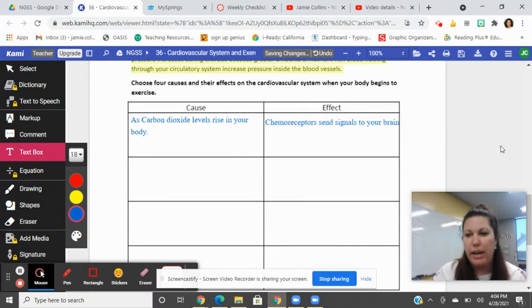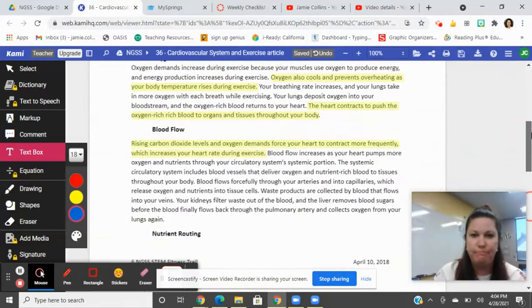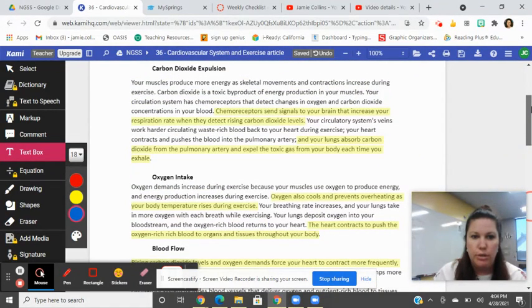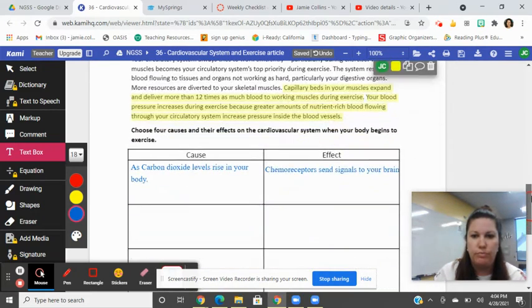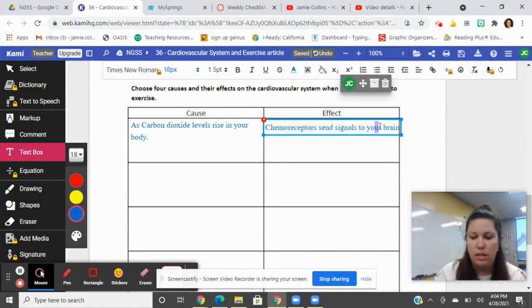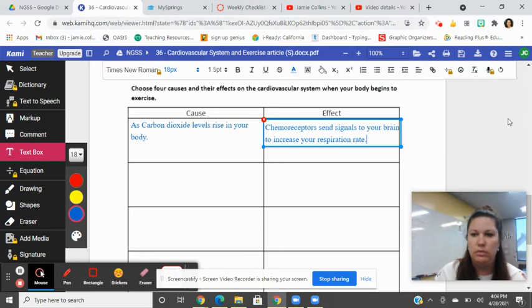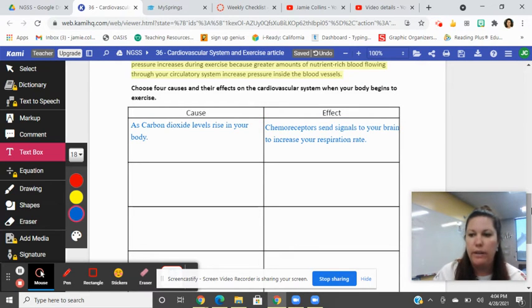And I actually need to go back up because I don't remember. To your brain to increase your respiration rate. Okay, there's one cause and one effect.